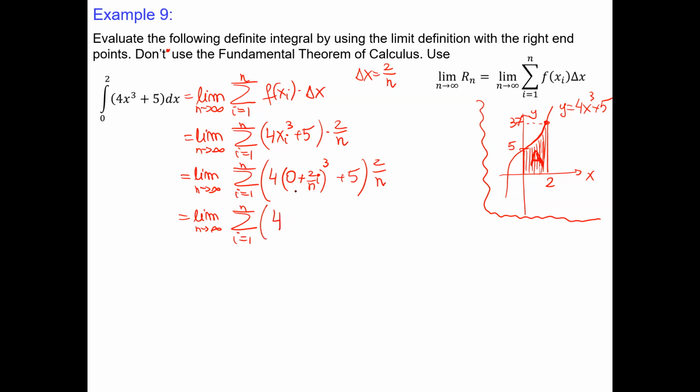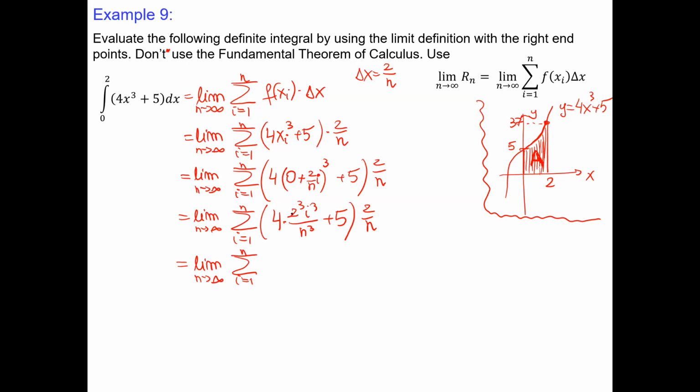Let's simplify. We will have just 2i over n cubed, 2 cubed, i cubed, n cubed, plus 5, times 2 over n. Okay, let's see. Yeah, and we like this nice order of each line. Yeah, alignment, limits, sigma, everything has to be nice and clear.